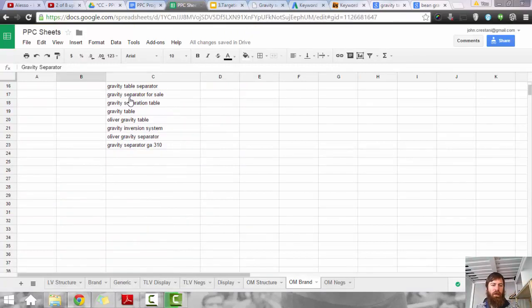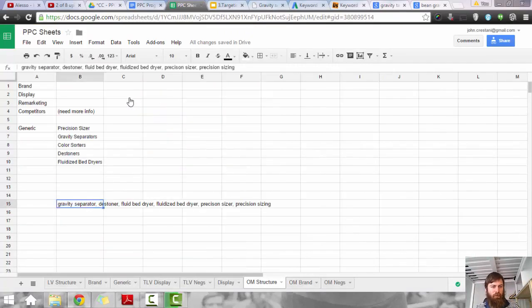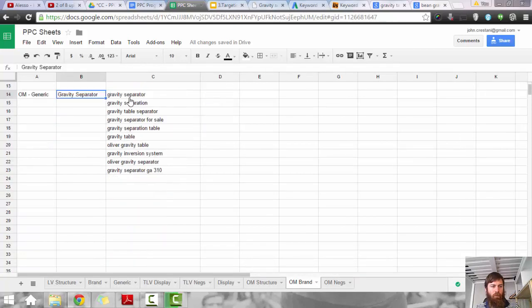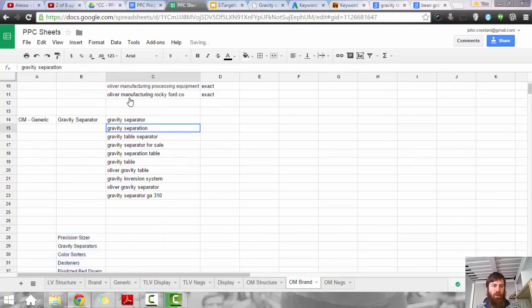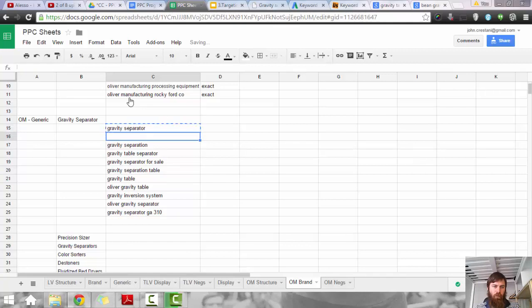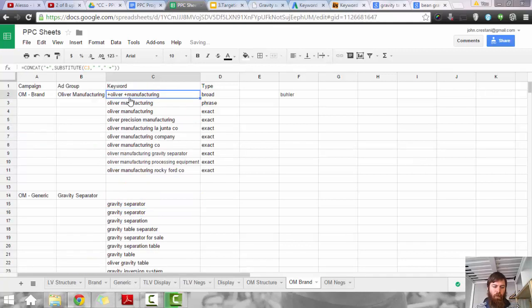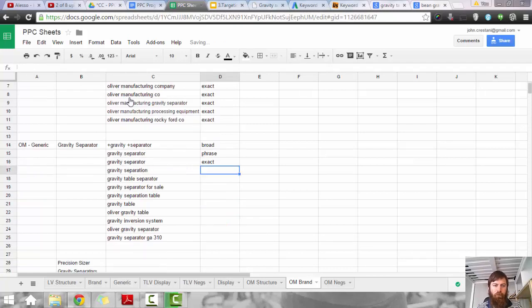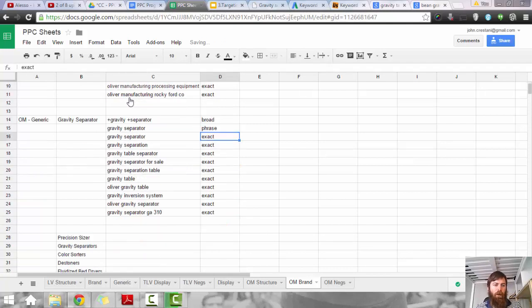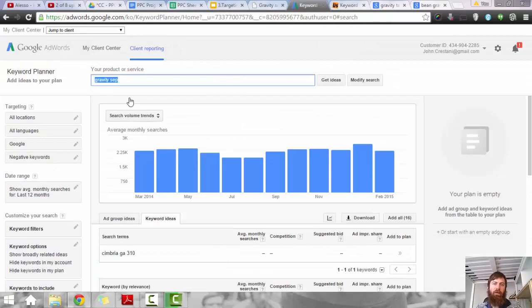Let's build out the rest of the ad groups. What we'd do is just use my handy dandy formula here, and then we just do the same thing.